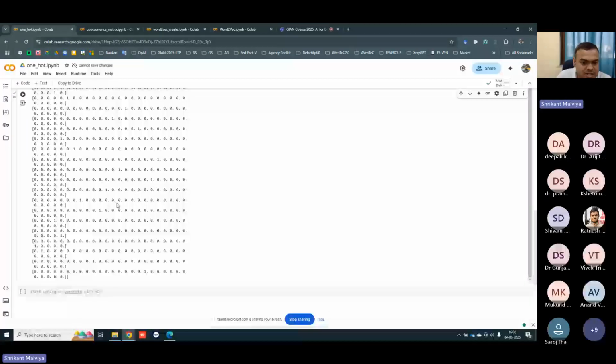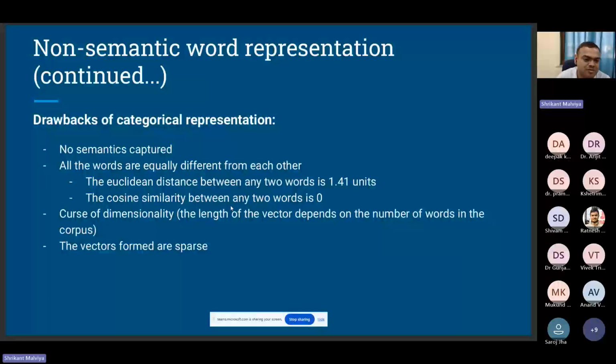So let's move on to our slides and see. That is how one hot vector representation is drawn for a given piece of text in terms of one hot word representation. It has various limitations which do not allow it to be used for many complex examples.